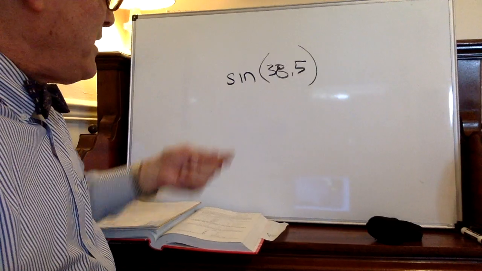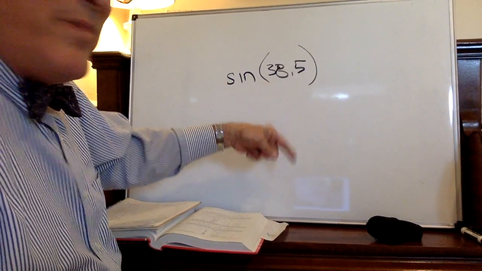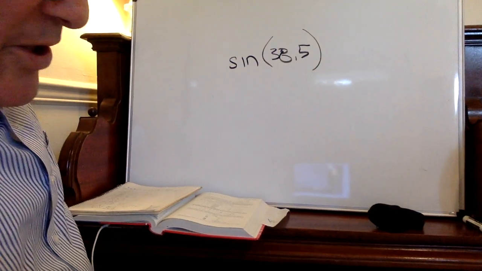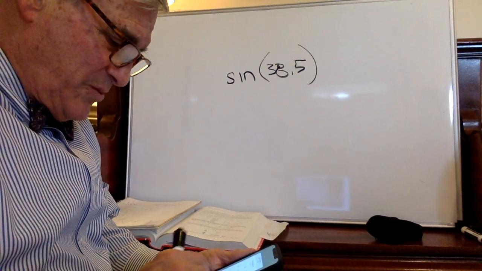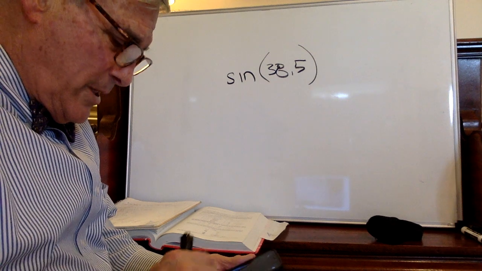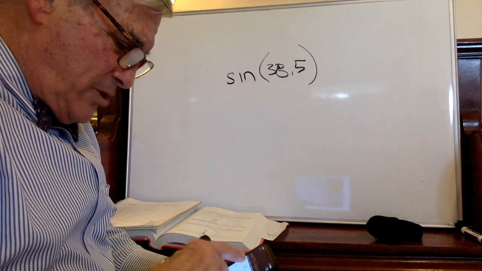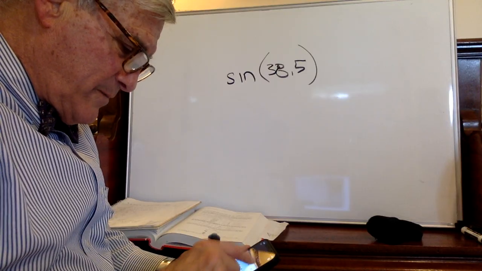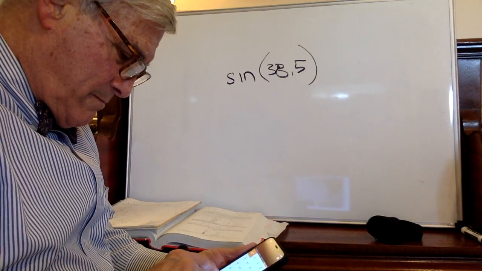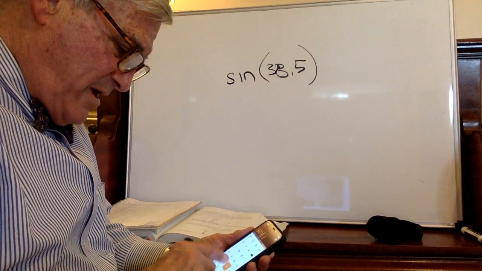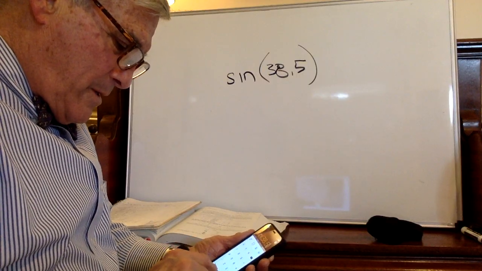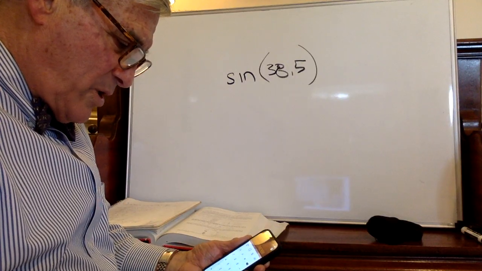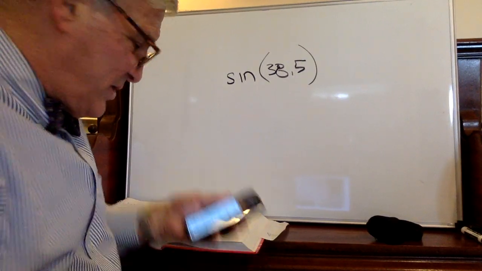So you would simply hit sine, enter your degree measure, hit enter, and what will pop out, depending upon your calculator and however many decimal places your calculator goes to, you will get the sine of 38.5. Hit enter, and what should pop out, to 4 decimal places, is 0.6225.